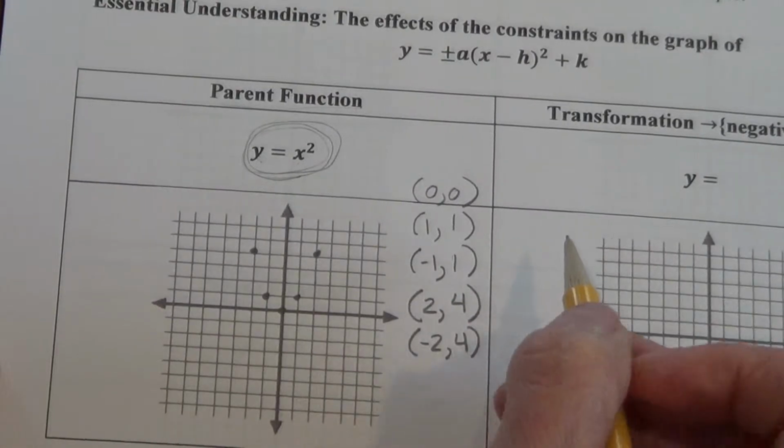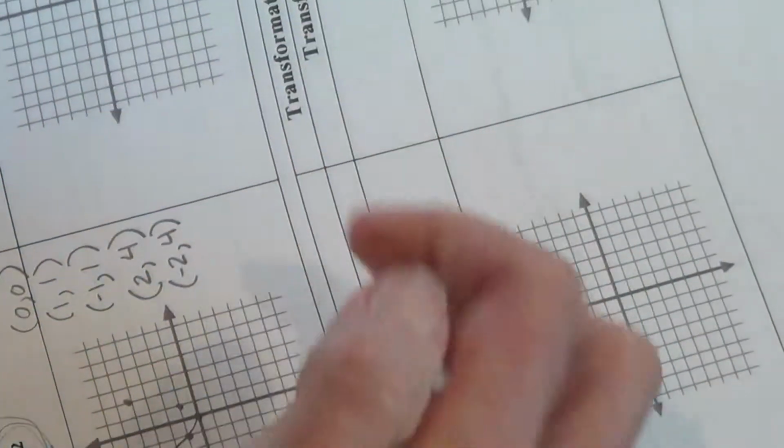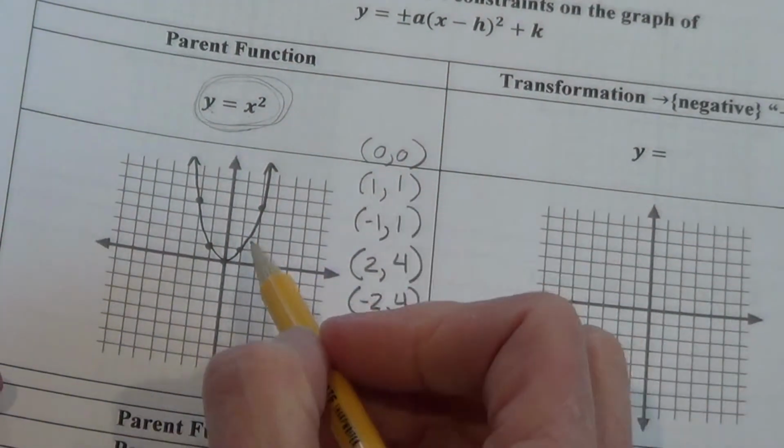Now you just smoothly draw in that U-shaped curve that you're getting with a quadratic, and that is the shape of your parent graph.